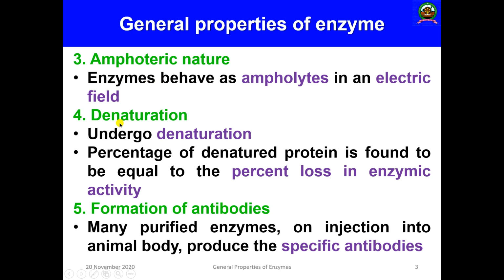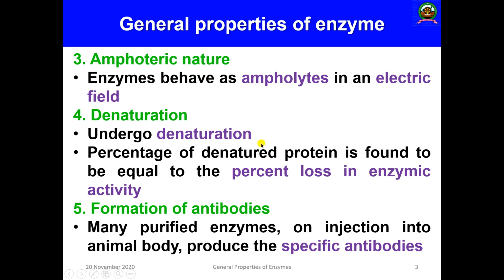Next one is denaturation. We have already discussed the major parameters that illustrate the change in the polypeptide chain. The unfolding of the polypeptide chain is denaturation. All proteins undergo denaturation when the temperature is increased to approximately 60 to 70 degrees.